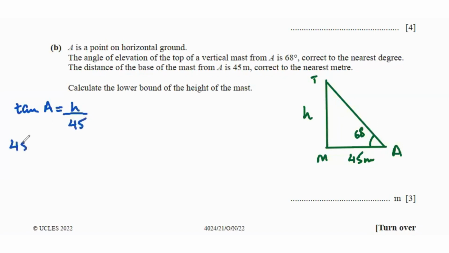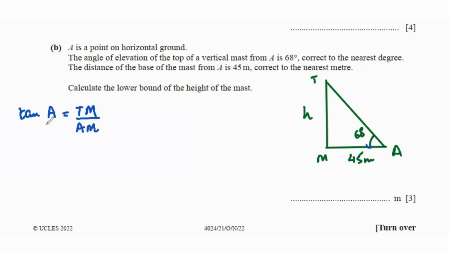Actually wait. We have the adjacent, we have the angle, we need to find the opposite. So the formula would be tan of A equals TM over AM.